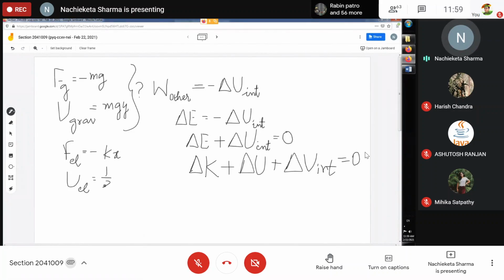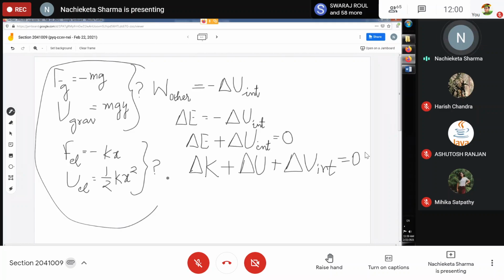So is there any relationship between this elastic force and its associated potential energy? If there is a relationship, what is that relationship? This is very crucial, and that will engage us in the next class.